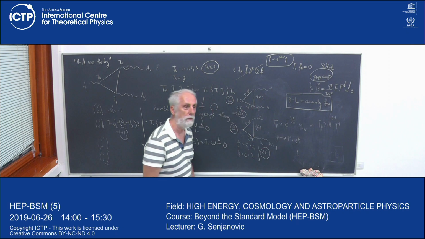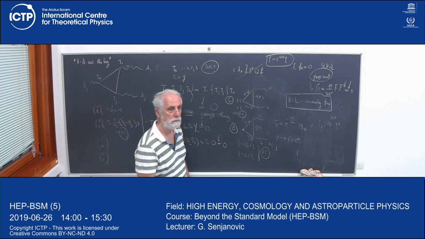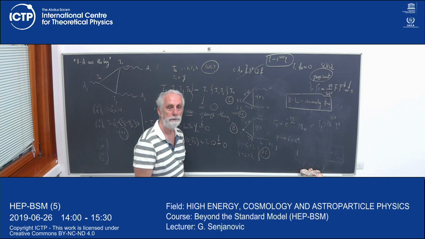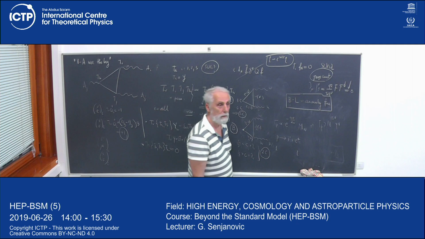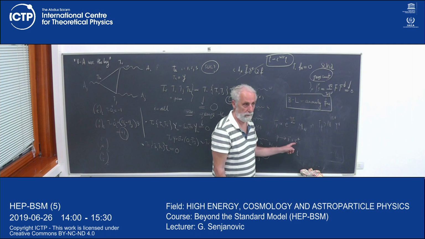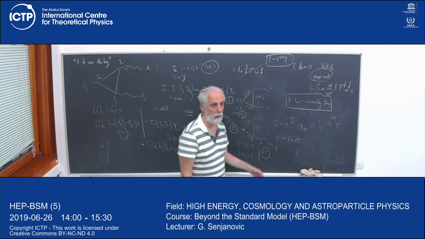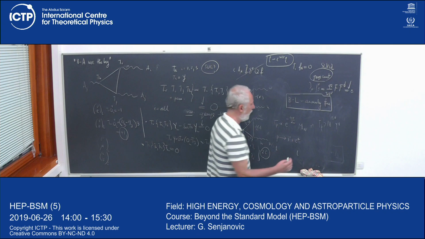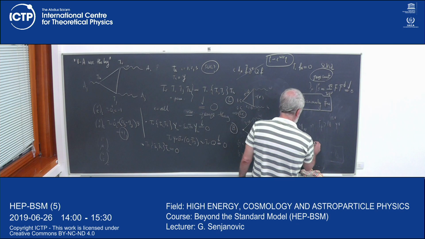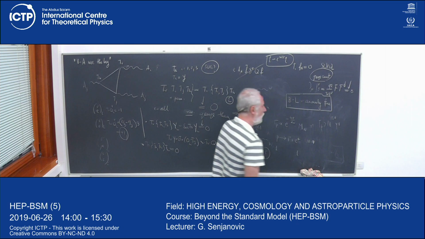So this is allowed. Agree? E plus has L equal to minus 1, minus minus 1 is plus 1. B minus L is conserved. This is allowed.